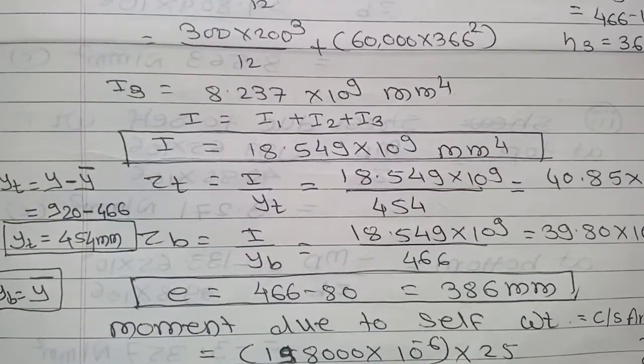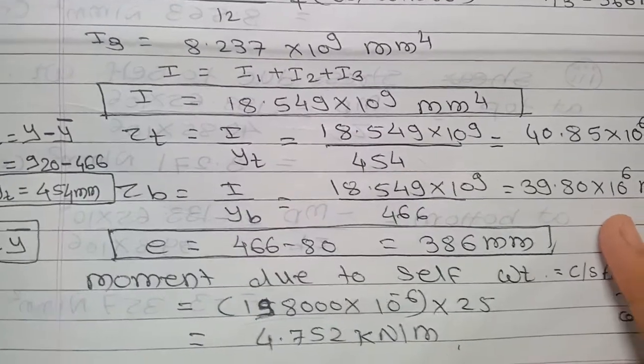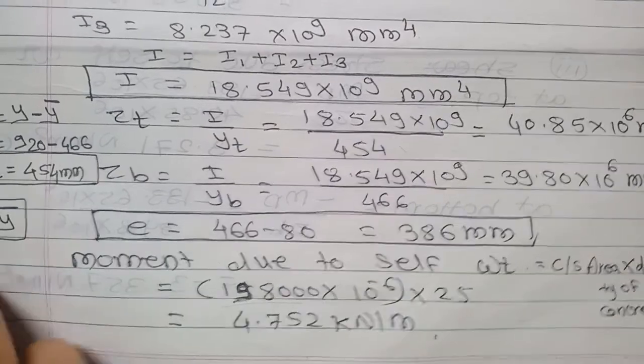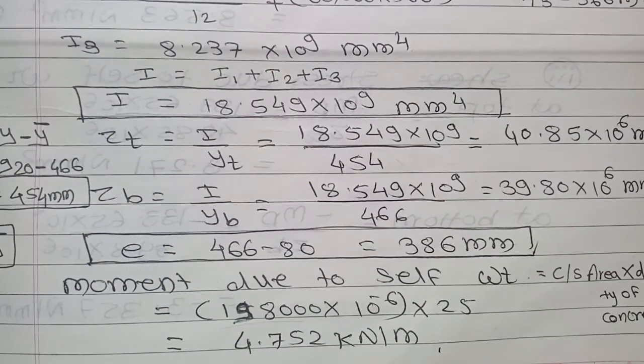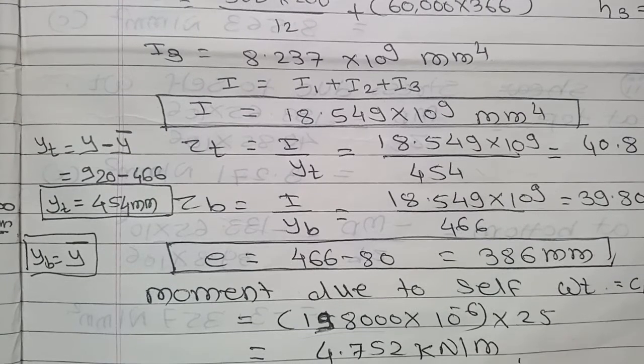Now sectional properties, we have to find ZT, that is section modulus at top fiber. We know the formula to calculate section modulus at top fiber, that is I divided by YT. First of all, find YT equals to Y minus Y bar, total depth minus Y bar, that is 920 minus 466.